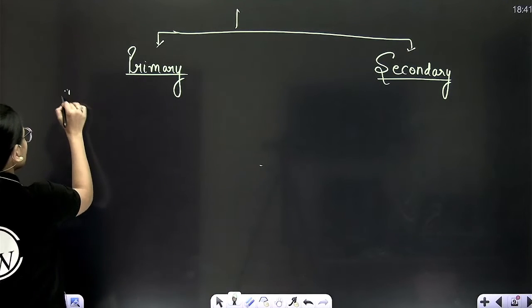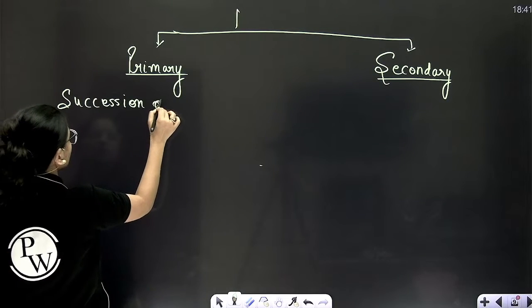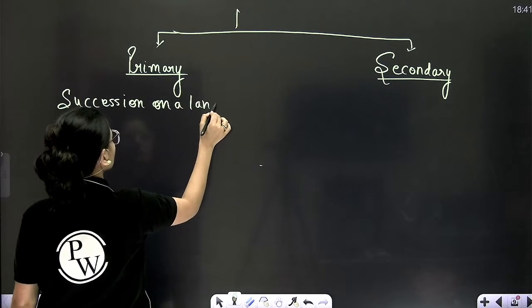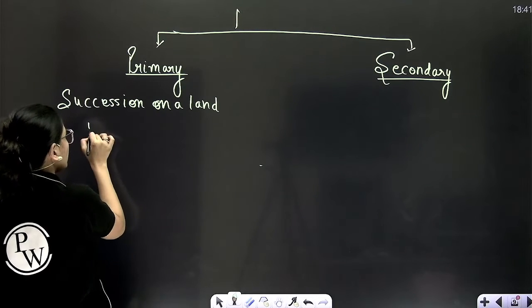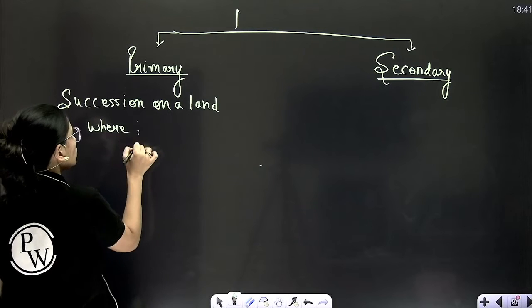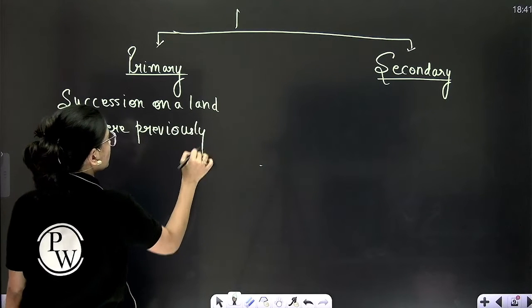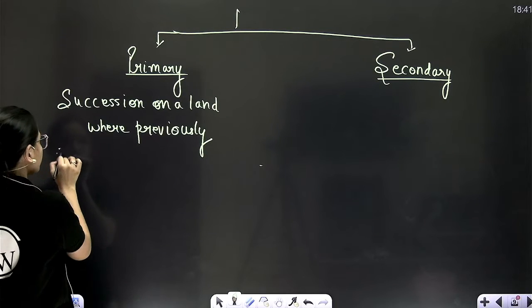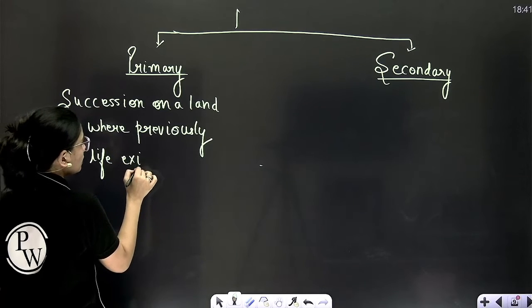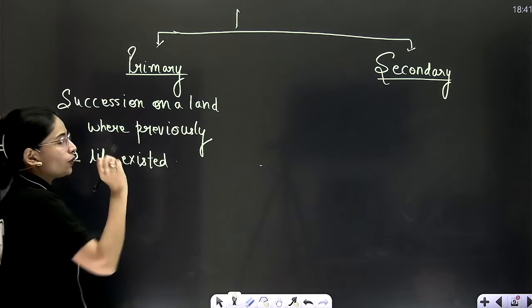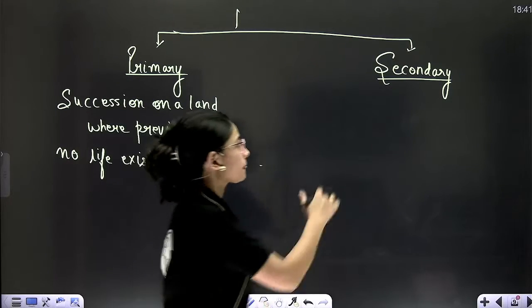Primary means succession on a land which is completely new, where previously no life existed. That is known as primary succession.